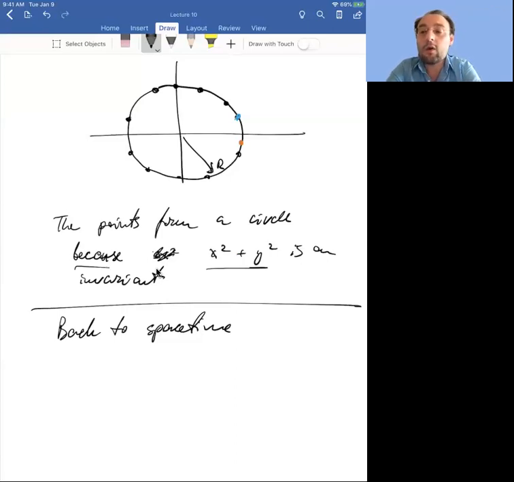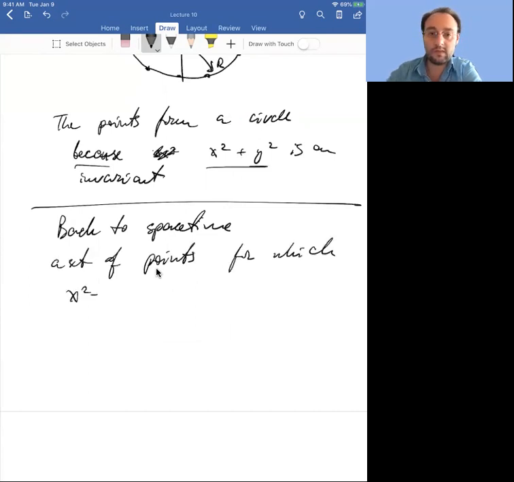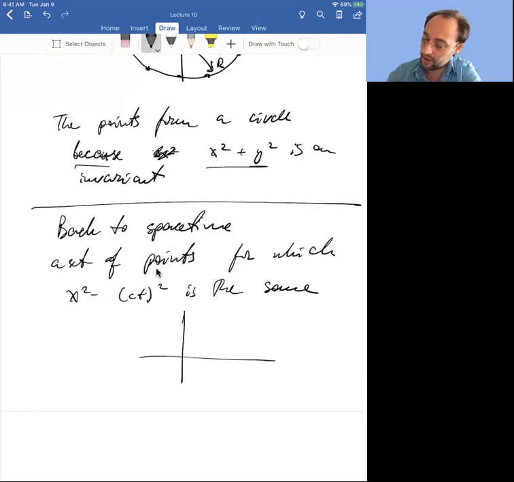And so what do you call a set of points for which that quantity is the same? What do you call that in space-time?